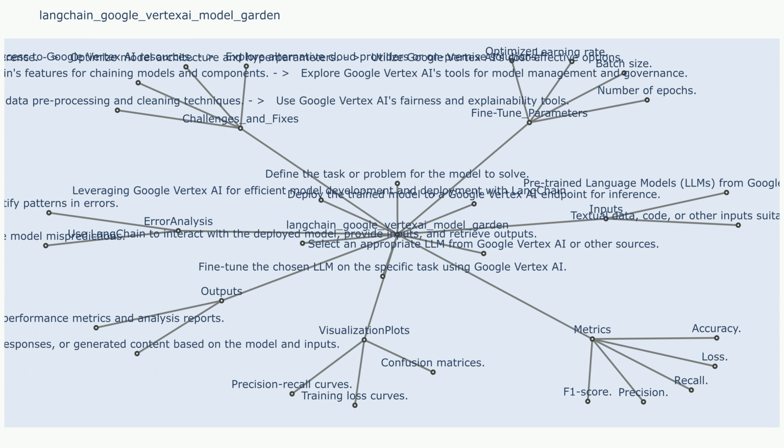Fixes to Challenge 1: use data augmentation techniques to increase the size of the training dataset. Leverage transfer learning to fine-tune a pre-trained LLM on the limited data. Or consider using a smaller LLM architecture that requires less data.